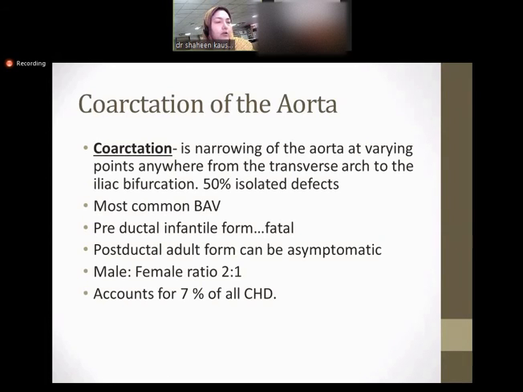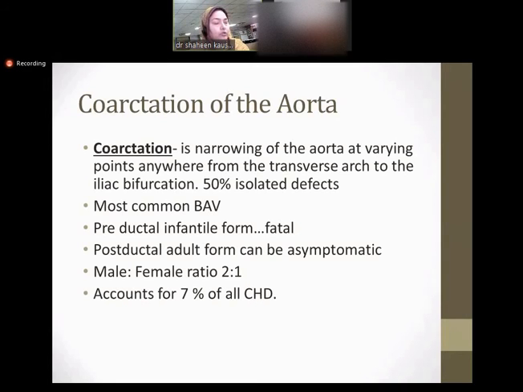Most commonly, it occurs with bicuspid aortic valves, and there are two types of coarctation of aorta. There is a preductal infantile form and the postductal adult form. Infantile form is fatal, it is not compatible with life, and early death occurs. While the postductal adult form can be asymptomatic, or it could be symptomatic depending upon the narrowing of the aorta.